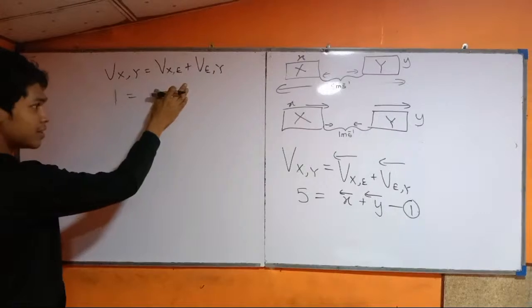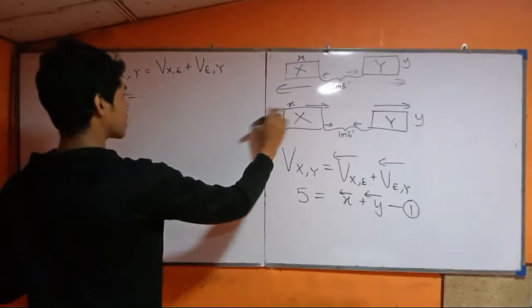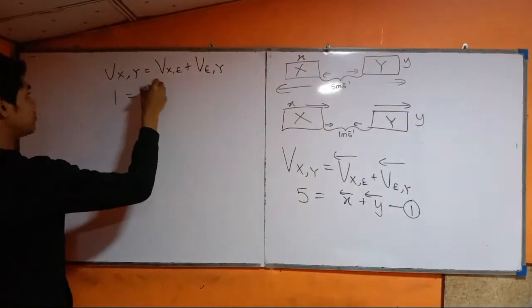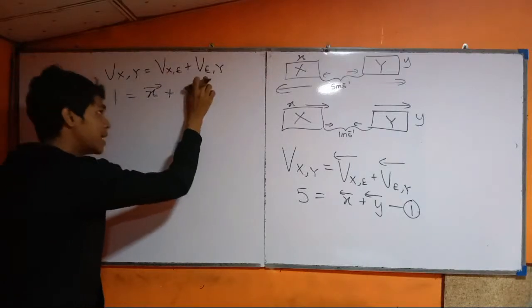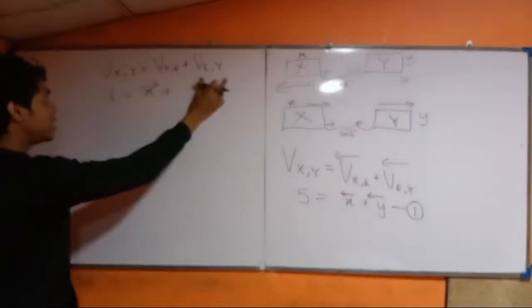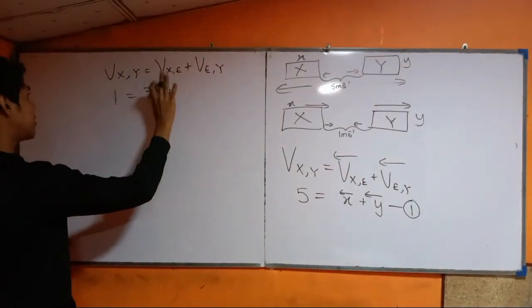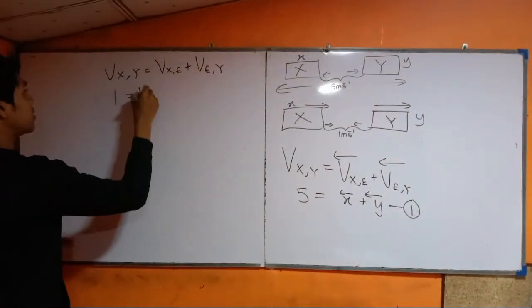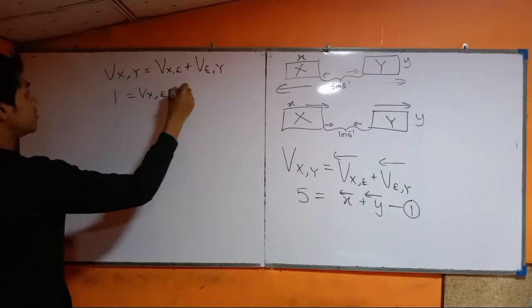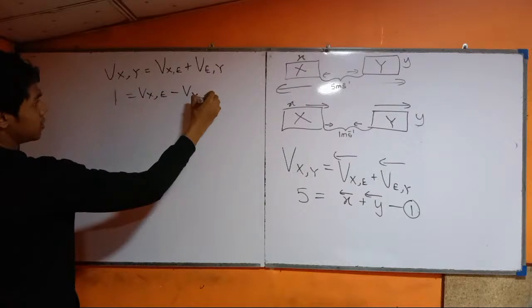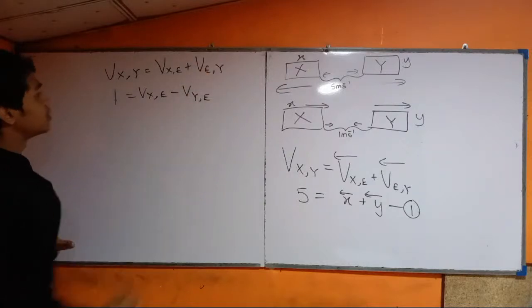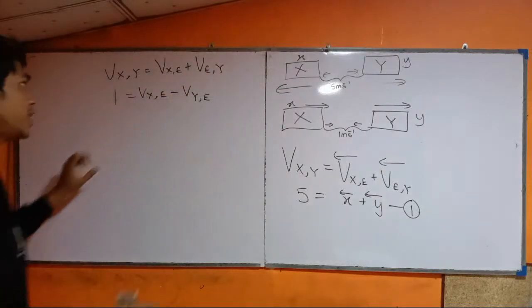So velocity of x with respect to Earth, x in that direction, plus Earth with respect to y, you are going to turn it around. I'll write it like this: velocity of x with respect to Earth minus velocity of y with respect to Earth. When you're flipping, you change the sign also.